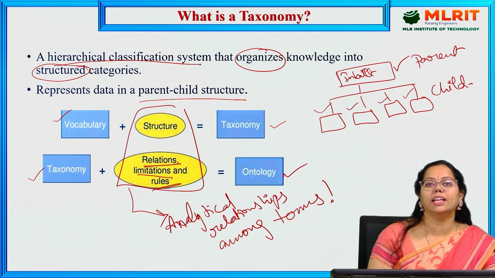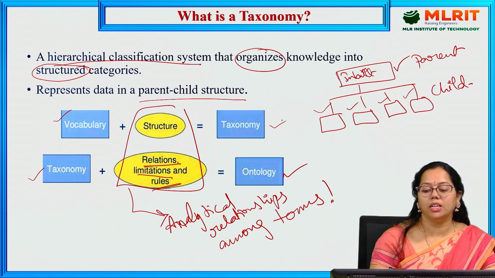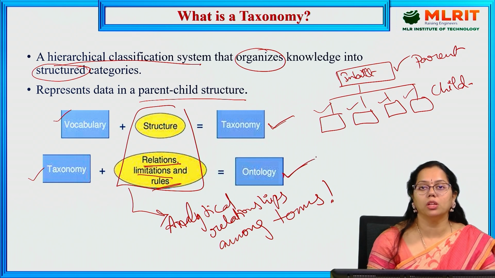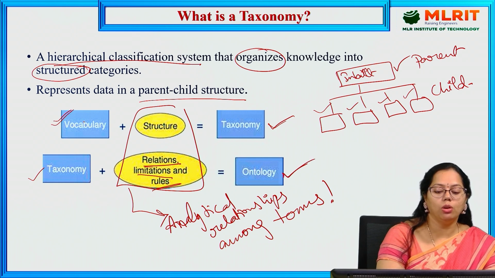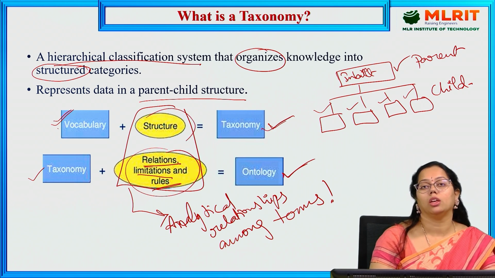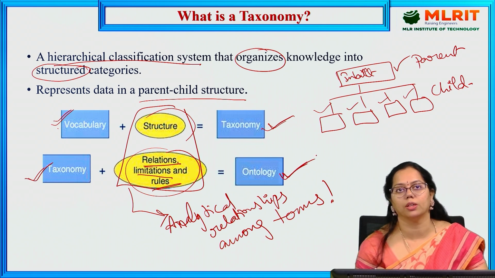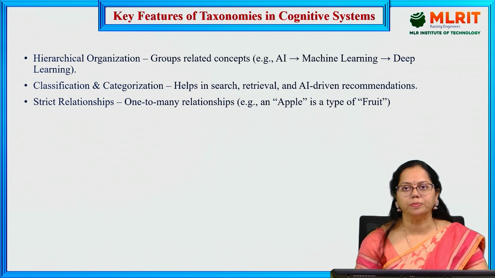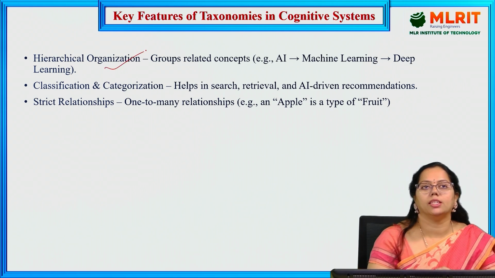Now, these analytical relationships show what it forms, whether it forms a taxonomy or an ontology, based on the vocabulary. Say you are pairing up the structure with vocabulary, you get a taxonomy. Or you are pairing up relations, limitations and rules with taxonomy, you get ontology. Clear?